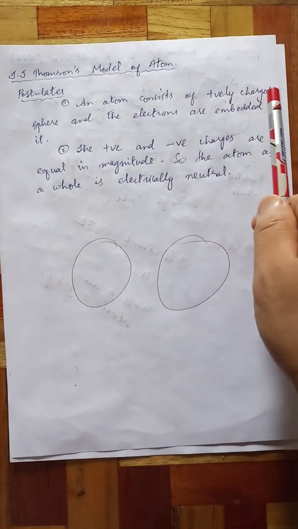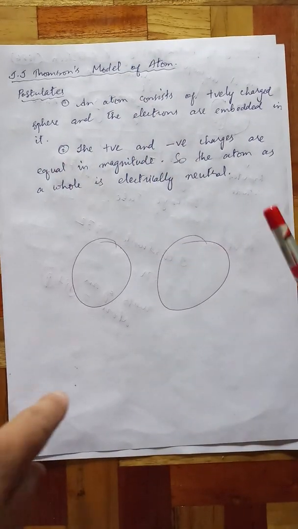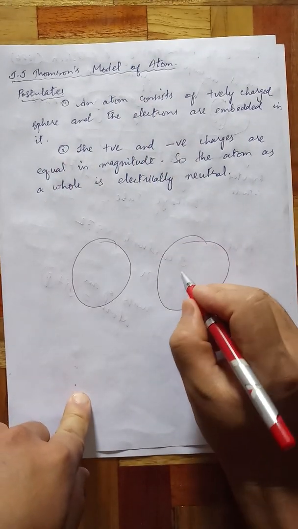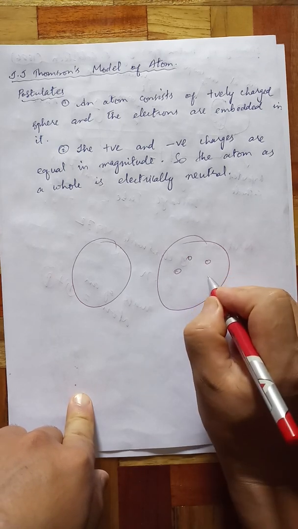An atom consists of a positively charged sphere, and electrons are embedded in it. Like in a watermelon, the seeds are embedded inside the red edible portion.